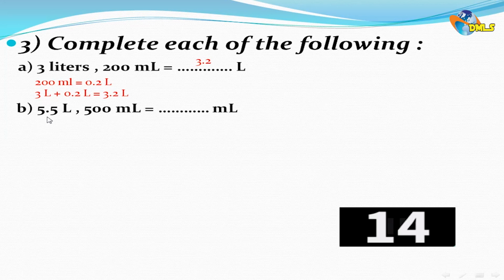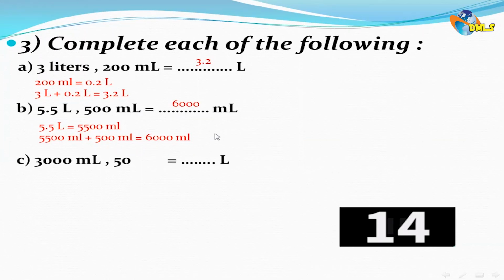So we will multiply 5.5 by 1000, and the answer is 5,500 milliliters. And then we will add the two quantities. 5,500 milliliters plus 500 milliliters equals 6,000 milliliters. So 5.5 liters and 500 milliliters equal 6,000 milliliters.